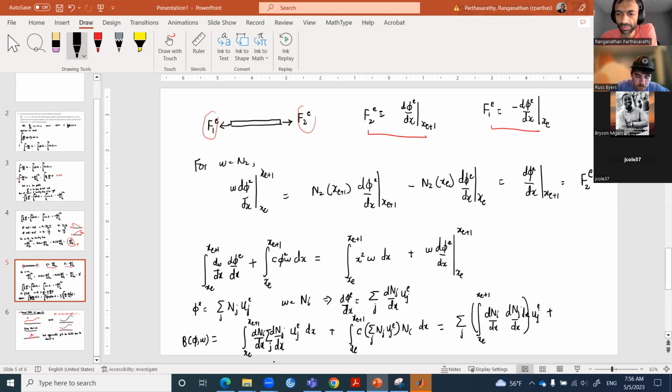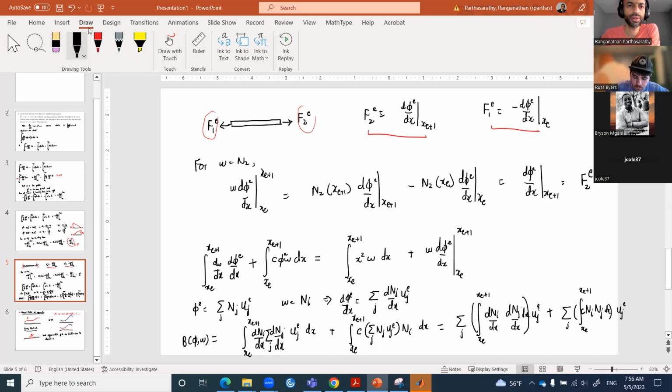This plus summation over j integral xe to xe plus 1 Ni c Nj and uj e, right?